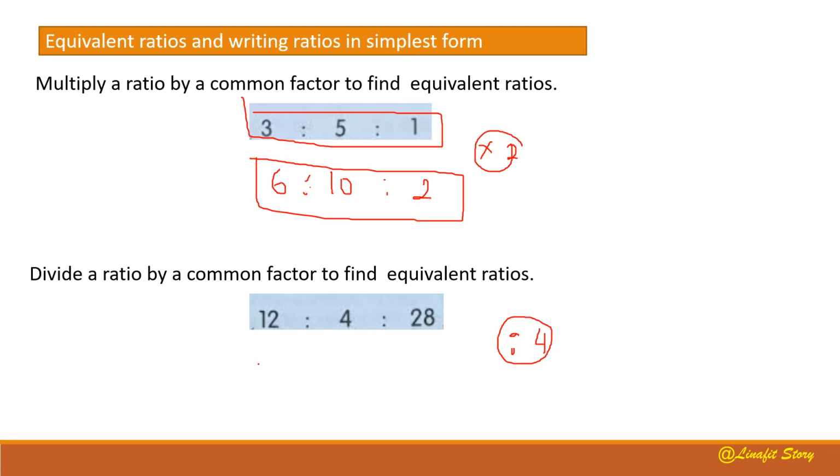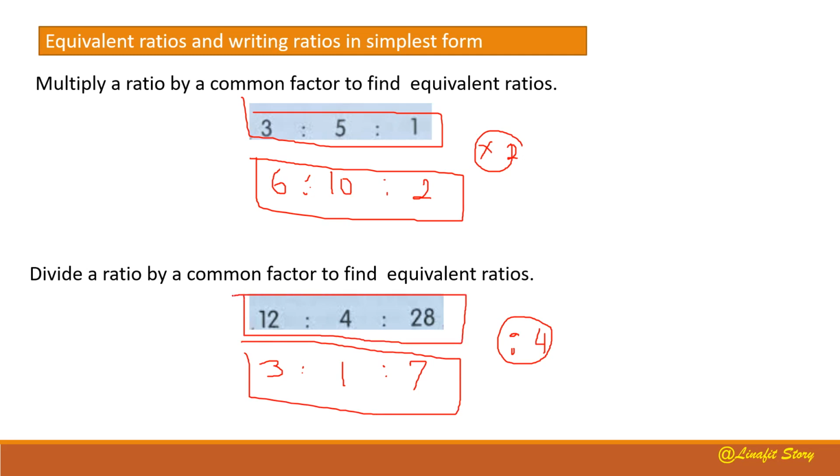So 12 divided by 4 equals 3, 4 divided by 4 equals 1, 28 divided by 4 equals 7. So this means 3 to 1 to 7 is the simplest form of 12 to 4 to 28. So this means that ratios can be expressed in their simplest form by dividing each quantity by a common factor.